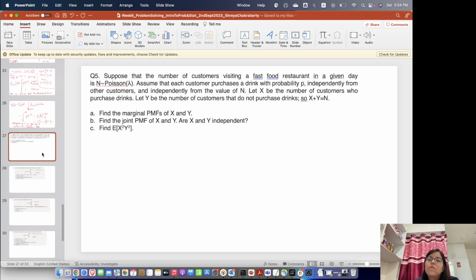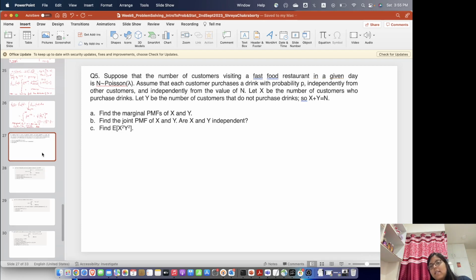Alright. So this question says that suppose the number of customers visiting a fast food restaurant in a given day is n, and this n is a random variable which follows a Poisson lambda. Assuming that each customer purchases a drink with probability p independently from other customers and independently from the value of n.